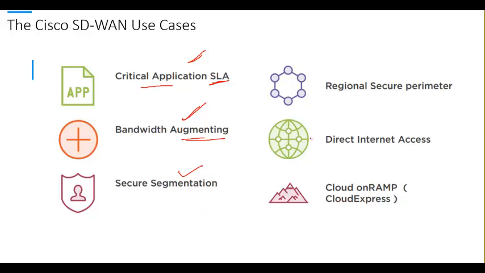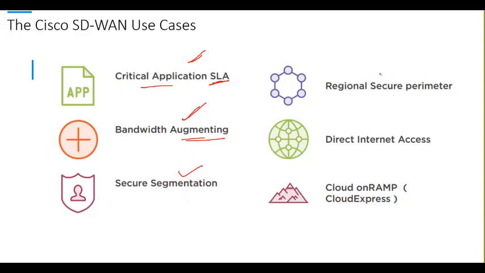Sorry, those things will not come under secure segmenting. Secure segmenting is like isolating the traffic. You see, like VLAN is a segment, VXLAN is a segment. Secure segmenting, isolating one traffic from the other.